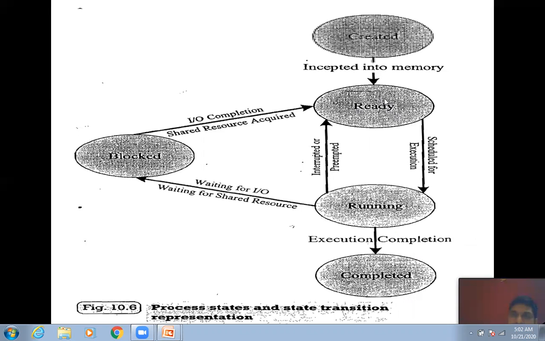This is the ready state, scheduled for execution, and in the running state, the process is running or execution takes place and resources are allocated. After execution, the process is complete. If it is interrupted, then the process is blocked and it requires some outside signal to unblock it and then it is again ready for execution.